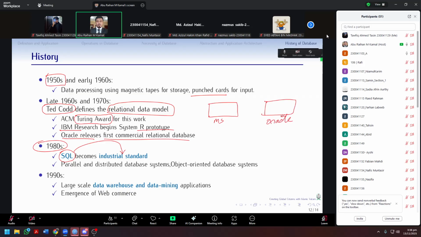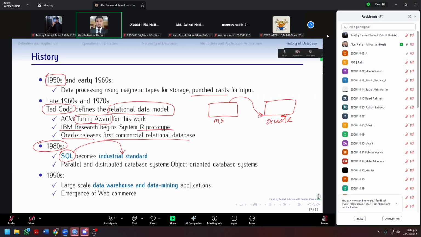Now, if you want to transfer one application from here to here, which is written in SQL, then you have to rewrite everything for the Oracle platform if you don't have any industry standard. But if you have the industry standard, just like we have for SQL, then transferring this application to Oracle is a very simple and very fast process because they are almost identical, because they follow a set of standards. Is it clear why we need the industry standard for SQL? Yes, sir. Okay.